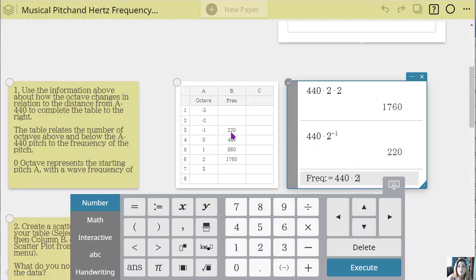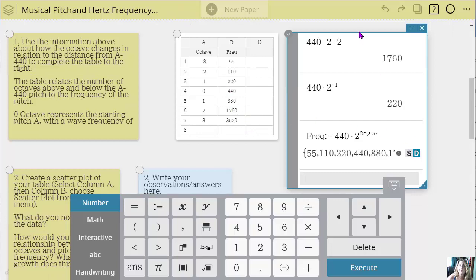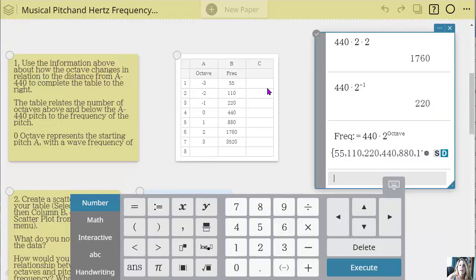To get this one, my power of 2 came from the octave, and to get this one, it was really 2 squared, which came from the octave. So instead of raising it to a specific number, I can raise it to the power of the word octave, and that fills in the rest of my table. We're trying to get them to understand the patterns and do the calculations, but also to see how the exponents come from the octaves, and that determines your frequency.